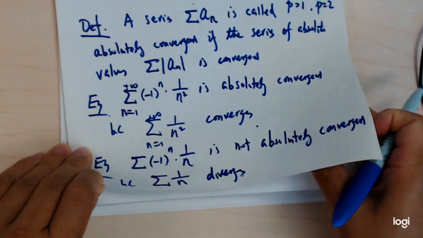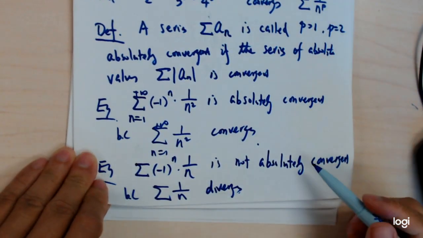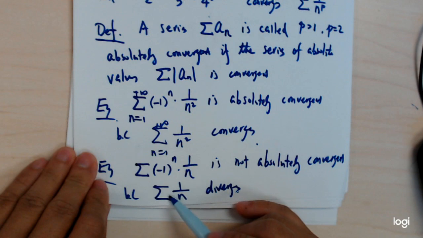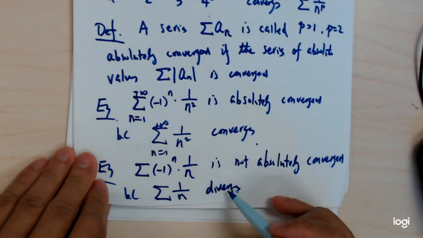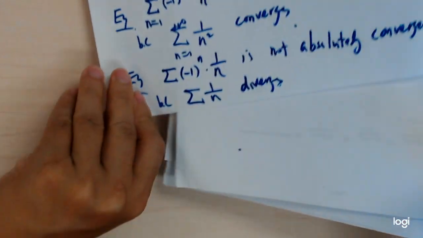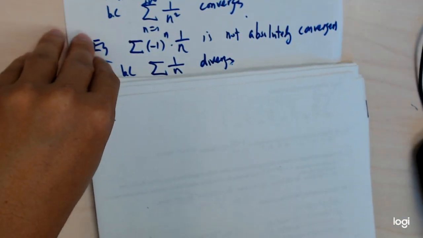So now I'd like to introduce a concept for a series where the absolute value does not converge. And this is what we call converges conditionally.